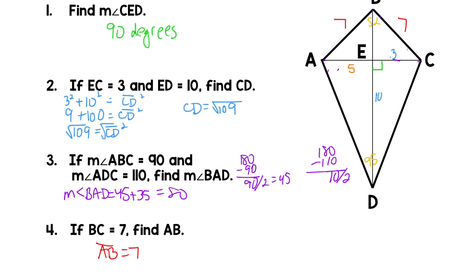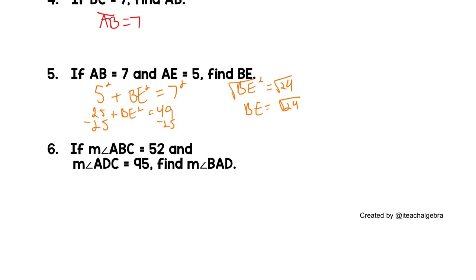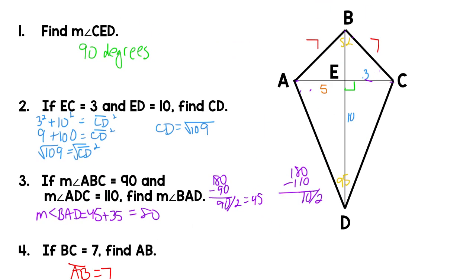This trapezoid has 4 sides, 4 vertices. That means the sum of the interior angles is going to be 360. So if we add these angles up, we should get 360. So we know we can add 52 plus 95 plus, and now we're looking for the measure of angle BAD.